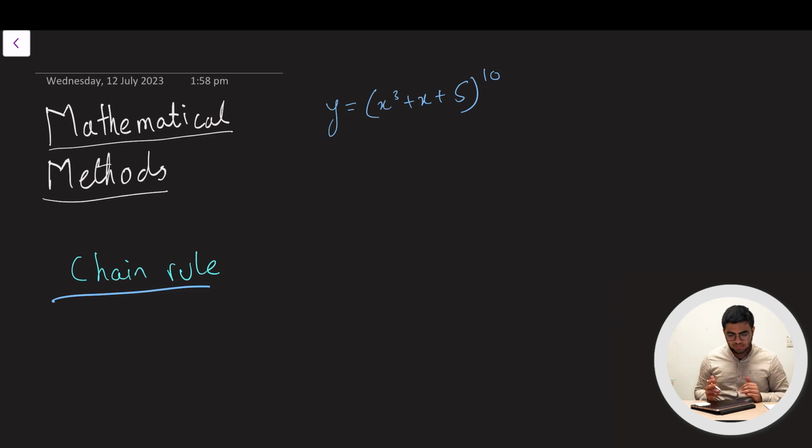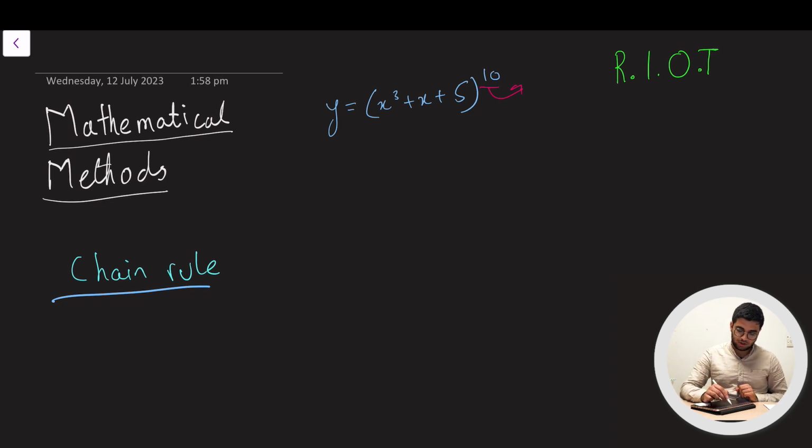We could just try and expand it all the way and then derive one by one, but as this power gets bigger and bigger, this method becomes very impractical. You can't just sit here and do it one by one all the time. So instead, we're going to use the chain rule with this acronym: RIET. Not sure how it's pronounced, but that's the acronym.